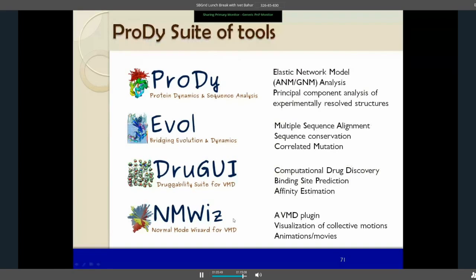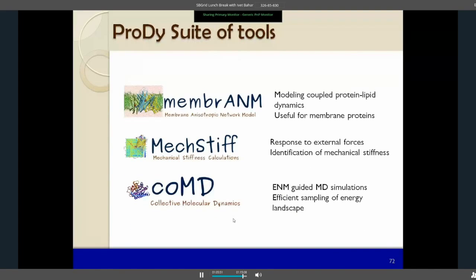A newly added module is membrane, for applications in the presence of the membrane, which is also modeled as an elastic network model. You can do mechanical stiffness calculations and compare with AFM data, for example, atomic force microscopy. Or there is this CoMD module that combines elastic network models and MD simulations.